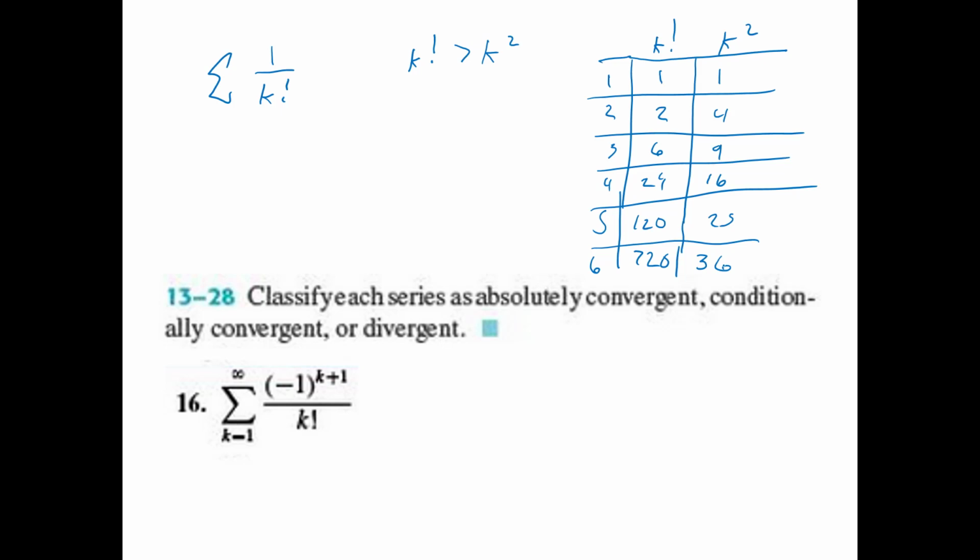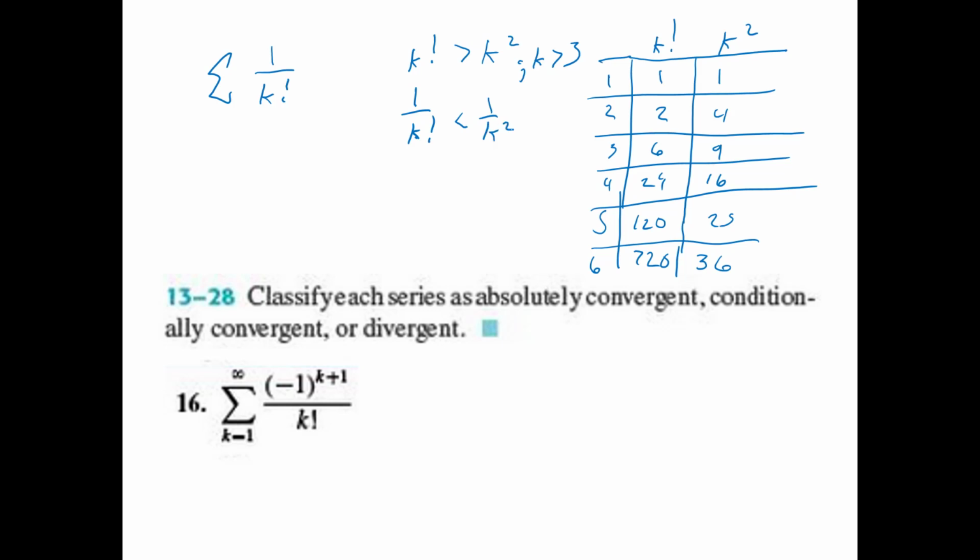Now, you can say, look, it doesn't work for the first 3 terms. But the first 3 terms don't matter, right? So k factorial is bigger than k squared for k bigger than 3. So then what you've just shown is that 1 over k factorial will be less than 1 over k squared.